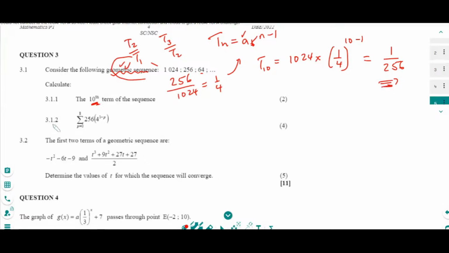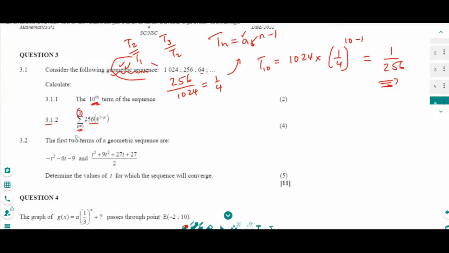Then 3.1.2, they're telling us we have this symbol, which is summation. Some people call it sigma. From p equals 0 up to p equals 8 of that. They want us to calculate.